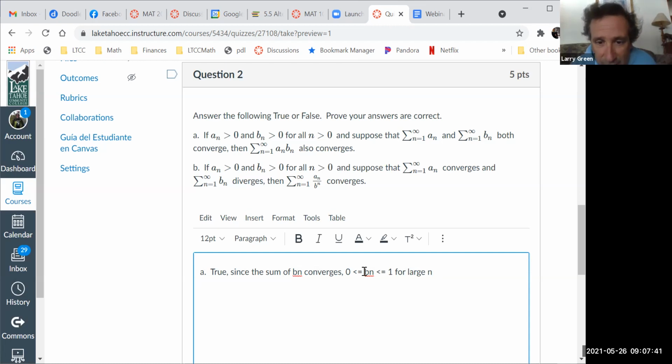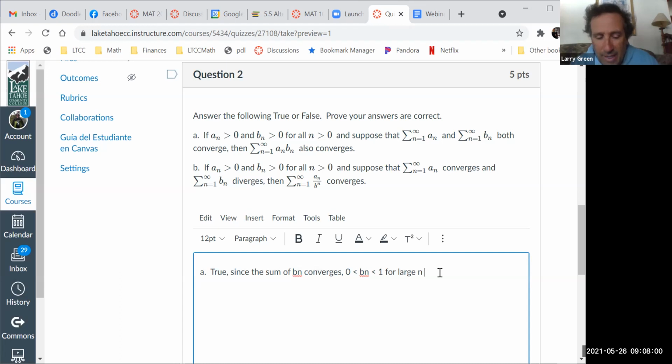Actually, I don't need the equal for the 0 because I said it's greater than 0. And it must be less than 1, actually, for large n. Because if it's not less than 1, then it would have diverged by the divergence test. Any questions on that?